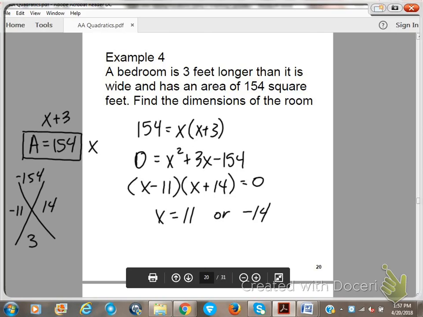Which one do we want? Positive 11. So then, if x is 11, what would x plus 3 be? 14. So the dimensions of the room are 11 by 14 feet.